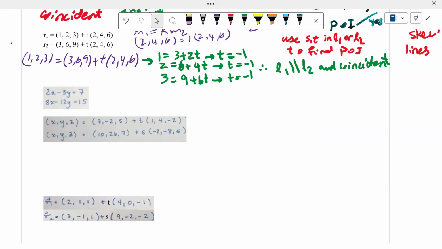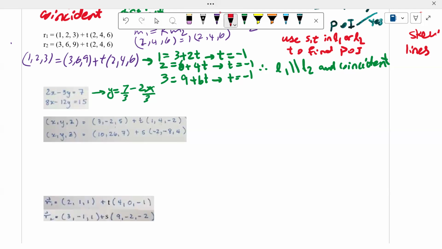The easiest way to think about it is to change this one in terms of what you learned earlier in grade 9 or 10, when you say y is equal to 7 minus 2x and then divided by 3. If you do that, I'm going to have this.